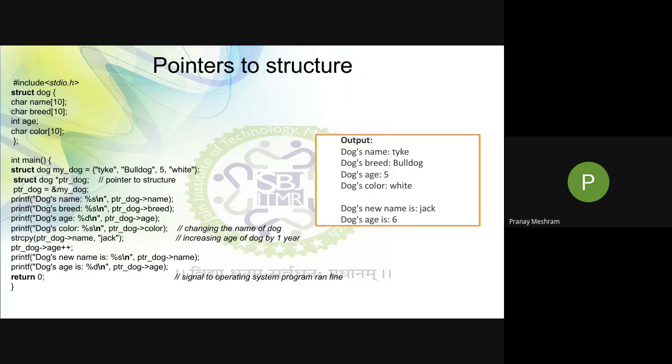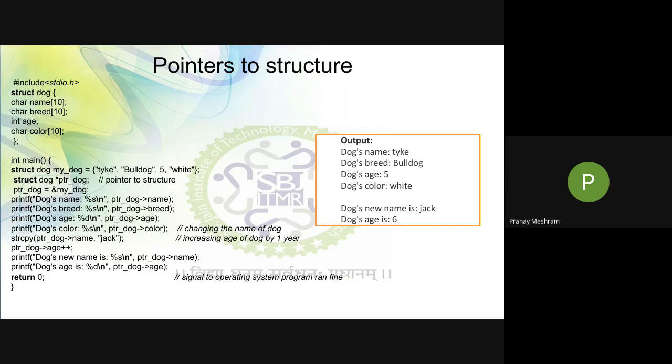Once the structure is defined, we can create variables for that structure. When we define the structure, we are basically designing the memory: how it will look, how many elements will be there inside the memory, and that they will be stored together, because it's a structure.